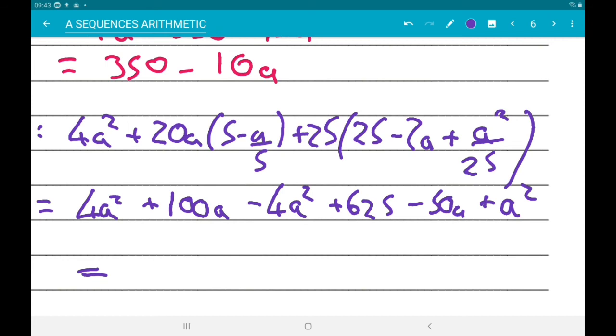So we have 1a squared. And then we have 100a minus 50a, so that's 50a. And then we have the 625.